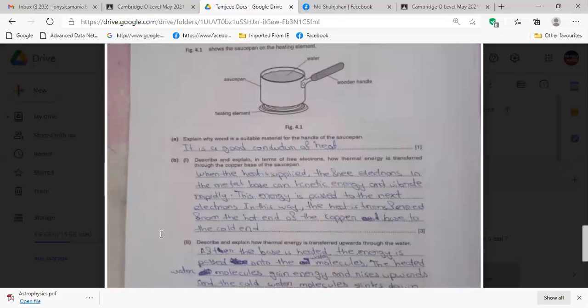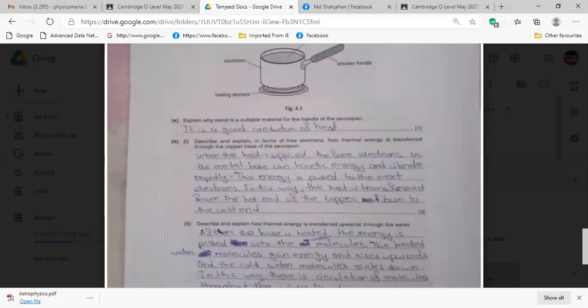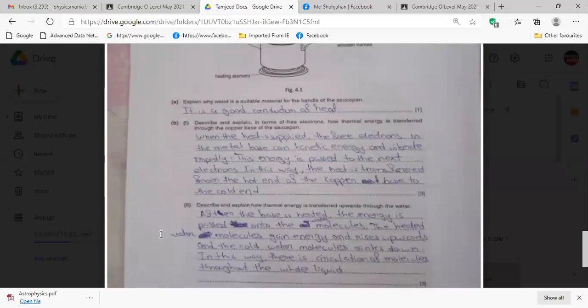So again we got the free electrons. So similar questions, right? In different context, you are getting the same ideas.